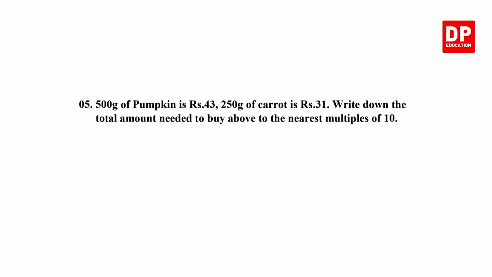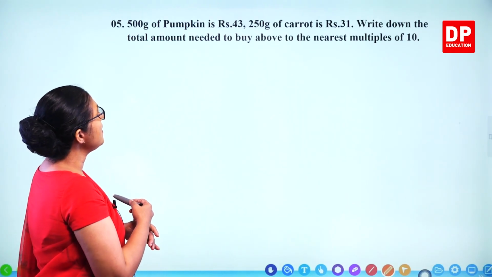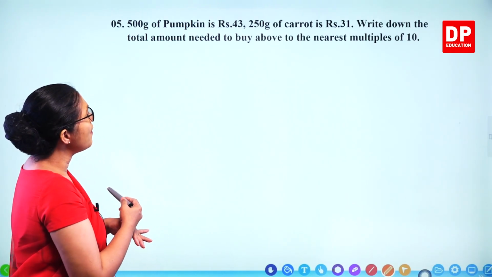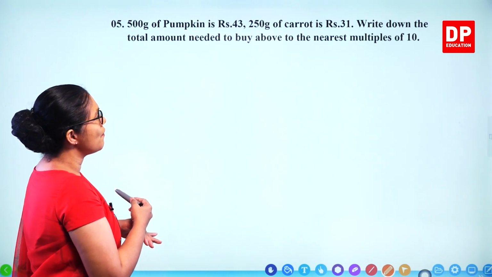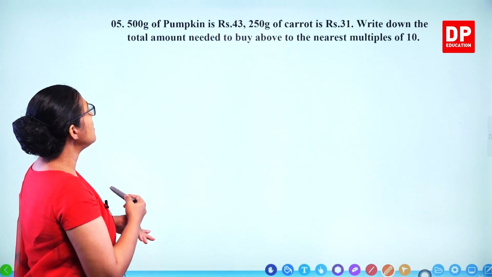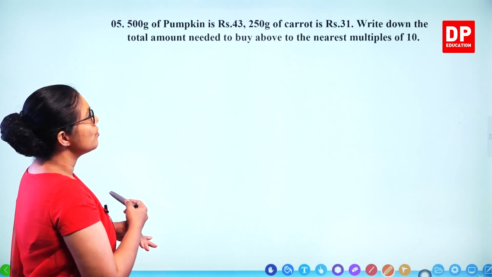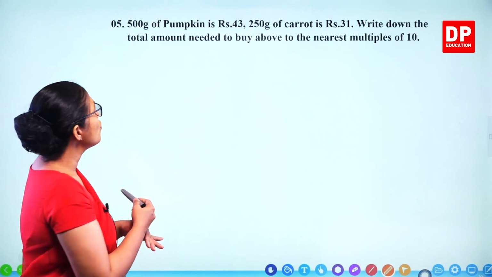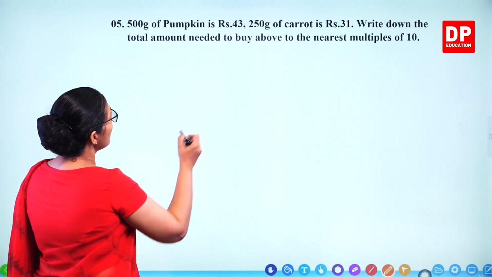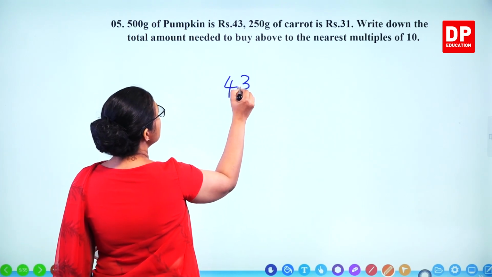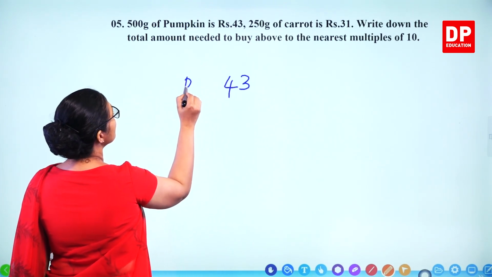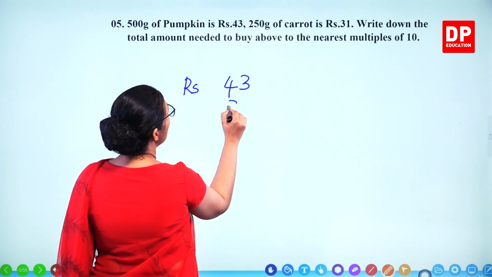Question number 5. 500 grams of pumpkin is 43 rupees. 250 grams of carrot is 31 rupees. Write down the total amount needed to buy both to the nearest multiple of 10. So the total, 43 rupees and 31 rupees.